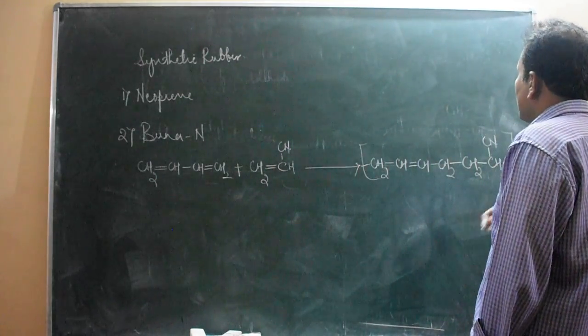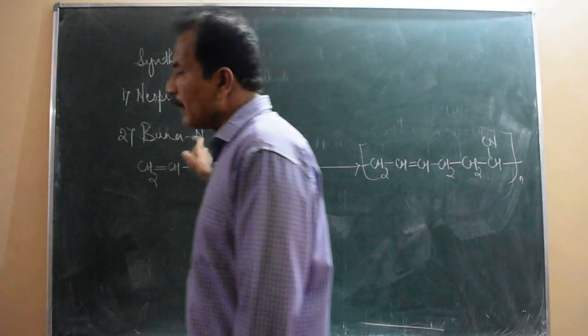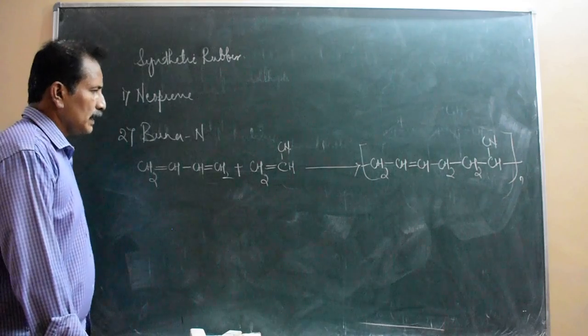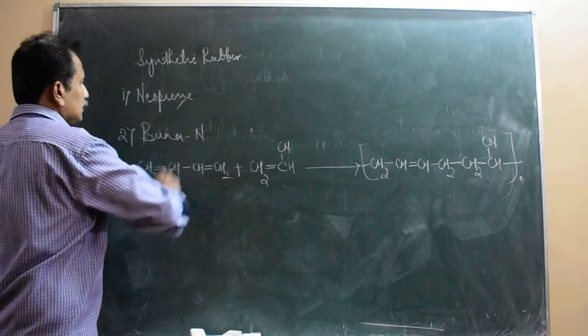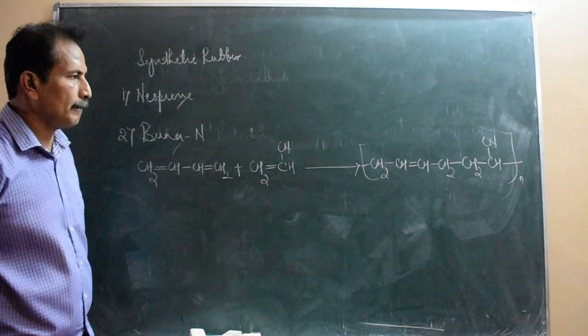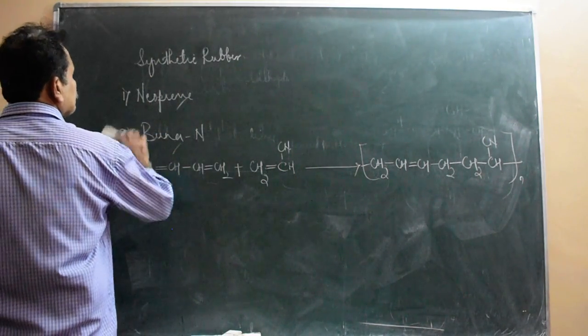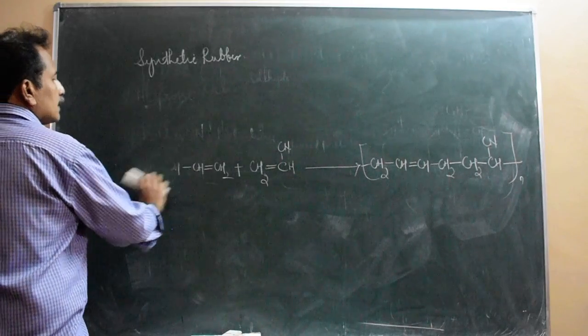So this is your Buna-N, another synthetic or man-made rubber. So neoprene and Buna-N, these are synthetic rubbers.